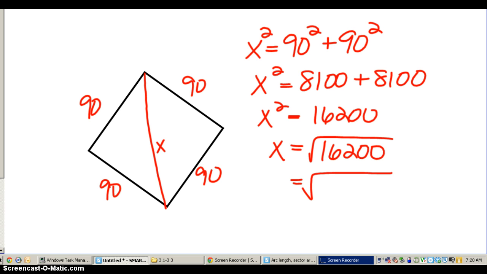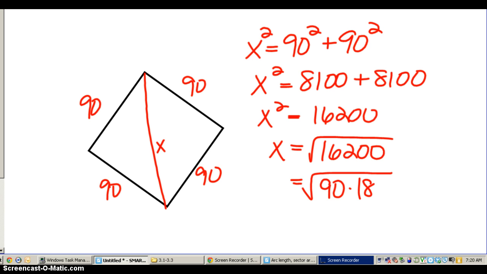So I know both were made up of 90s to begin with. So I know I must have a multiple of a 90 in here. So 16,200 divided by 90 is going to give me 180.